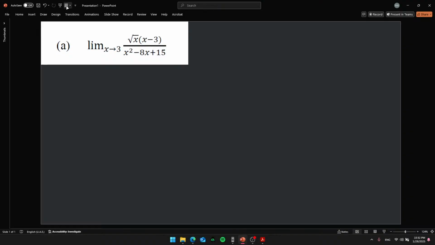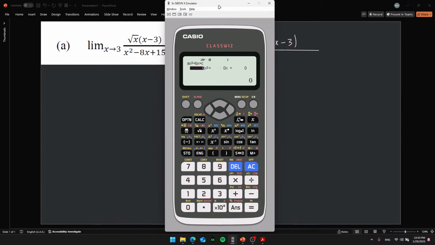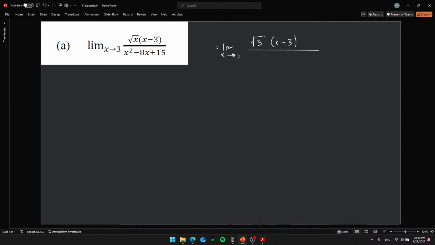Factor the denominator. Limit as x approaches 3. x minus 3, and x minus 5 times x minus 3 in the denominator, so we can cancel x minus 3.